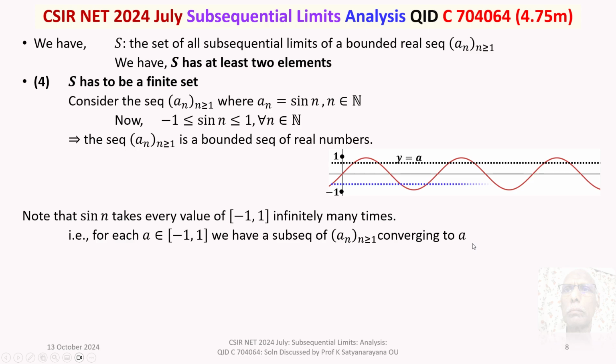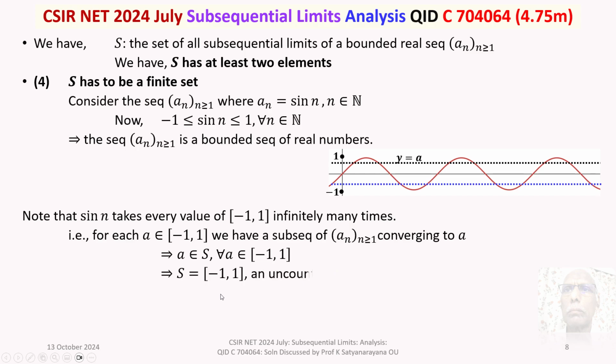This is true for any a. That means each a belonging to the closed interval minus 1 to plus 1 is a subsequential limit. This implies a belongs to S for all a in the closed interval minus 1 to plus 1.